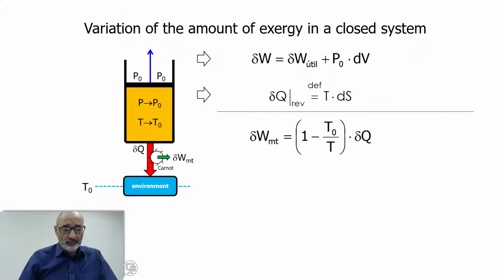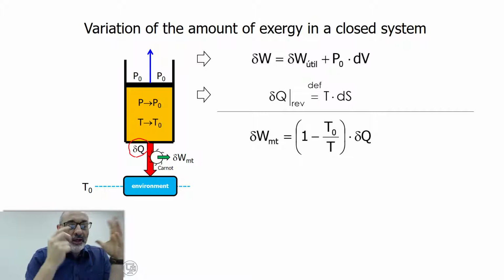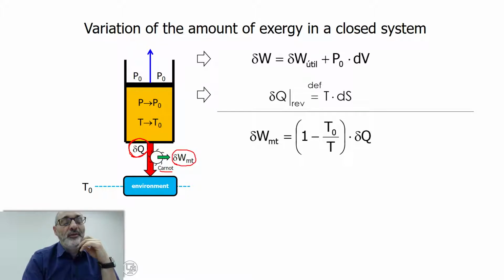Okay, so when I do the calculation, if I want to measure the amount of exergy contained in this heat flow, I imagine a Carnot cycle between the system and the environment, as it's shown here. Okay, and the exergy content of this heat flow is the amount of work that I obtained from this reversible machine. And this calculates as it's shown here.